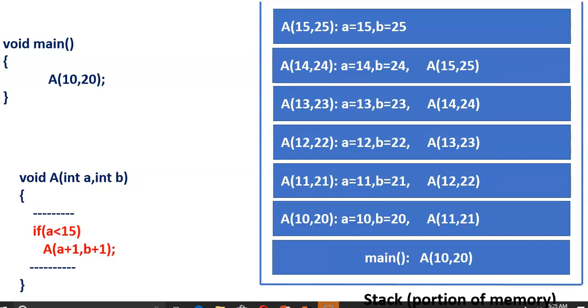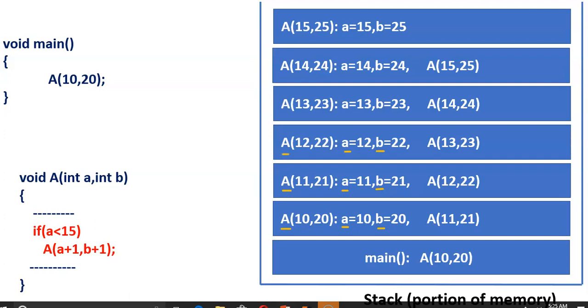Now observe here, there are different sets of variables a and b created. These a and b variables are local to this particular a function, and these a and b are local to this particular copy of the function, and here a and b variables are local to this particular function.